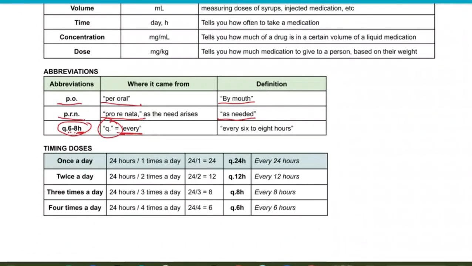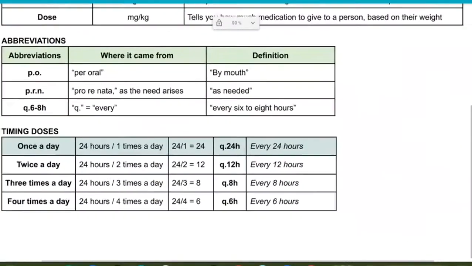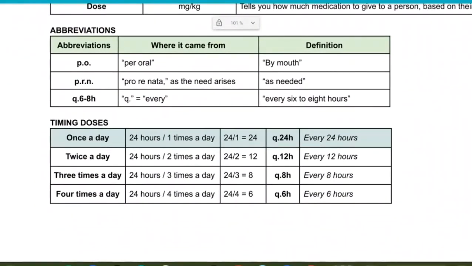Q 6 to 8 hours means just every 6 to 8 hours. This can get a little bit confusing when you're trying to calculate a daily dose versus a single dose. So let's say you are giving the medication once a day.